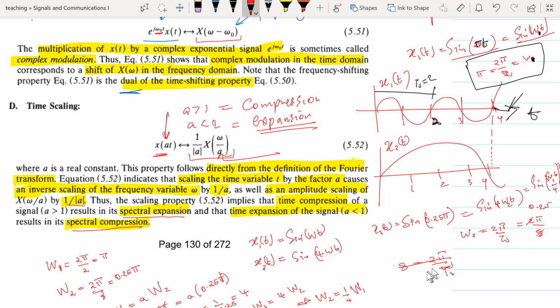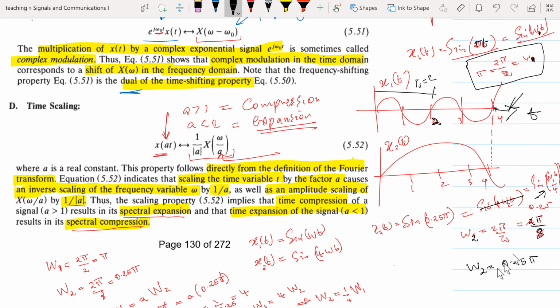I think this is correct. So the period is considered to be 8, and therefore the omega 2 of this x2 signal is simply going to be found from 2 pi over 8, and of course that becomes equivalent to omega 2 equals 0.25 pi.